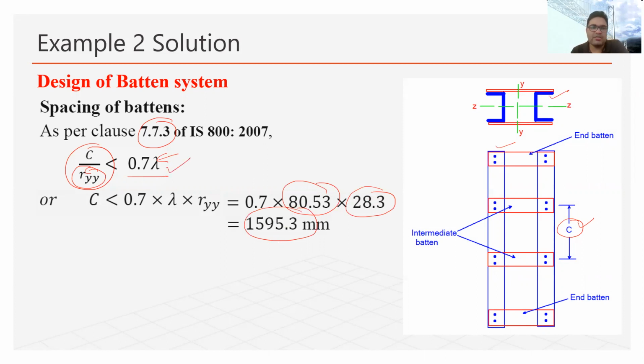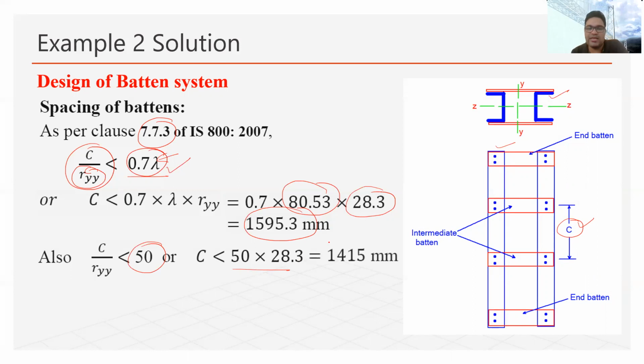The second aspect, as per IS code, is that C should be less than this one, but at the same time it should also be less than 50 times RYY. Calculating the value of C with this relation, we get 1415. This value is already less than the previous one, which means we can provide a value of C less than 1415.